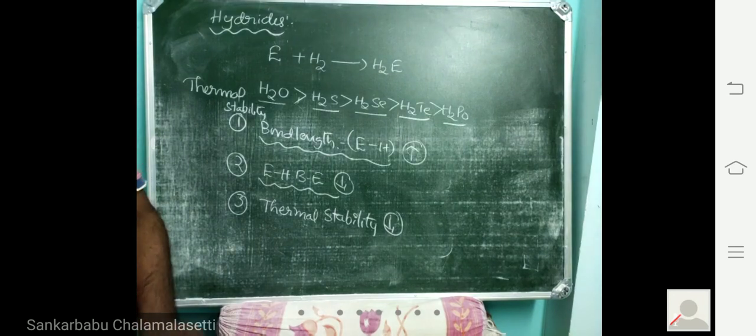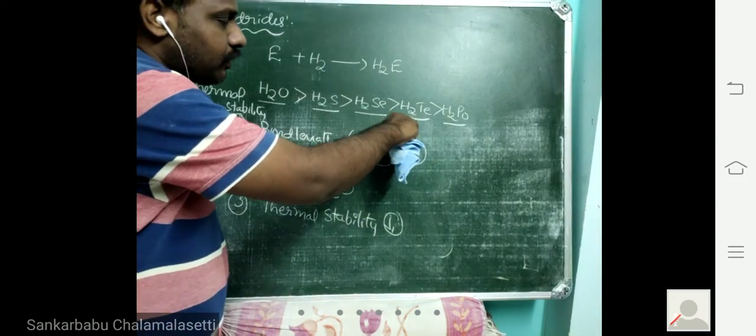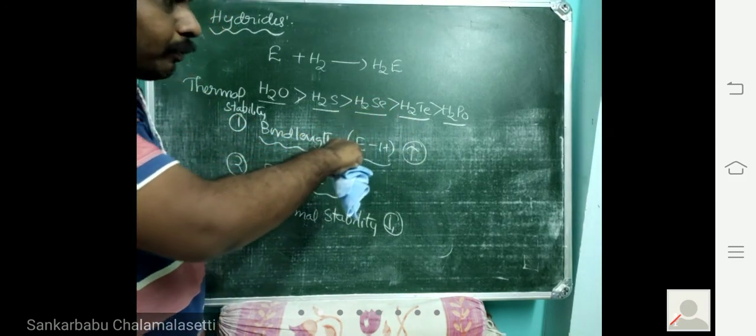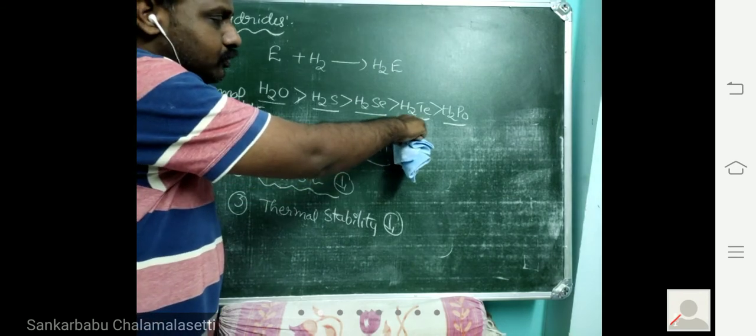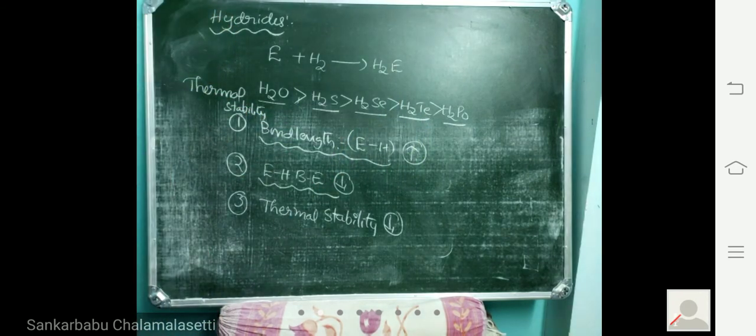H2O is thermally stable, H2Po is thermally unstable, but it is radioactive. That's why, while comparing the properties, we will consider up to H2Te only, not H2Po. So thermal stability decreases from top to bottom.